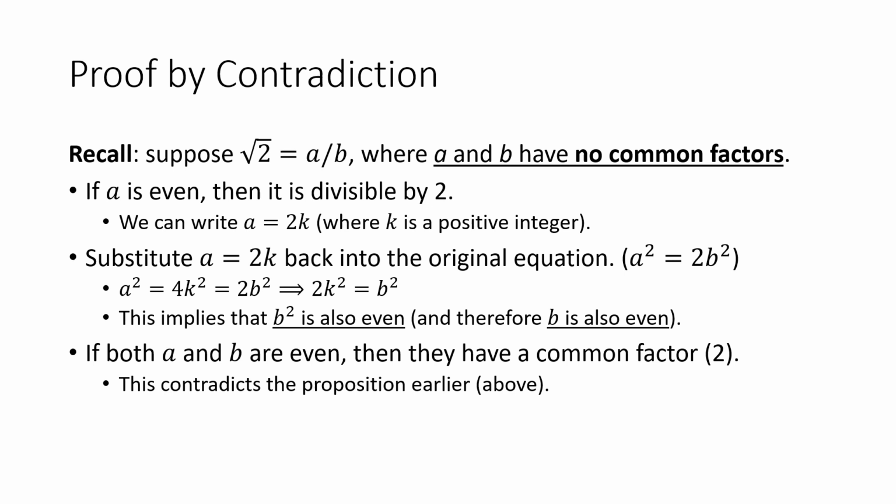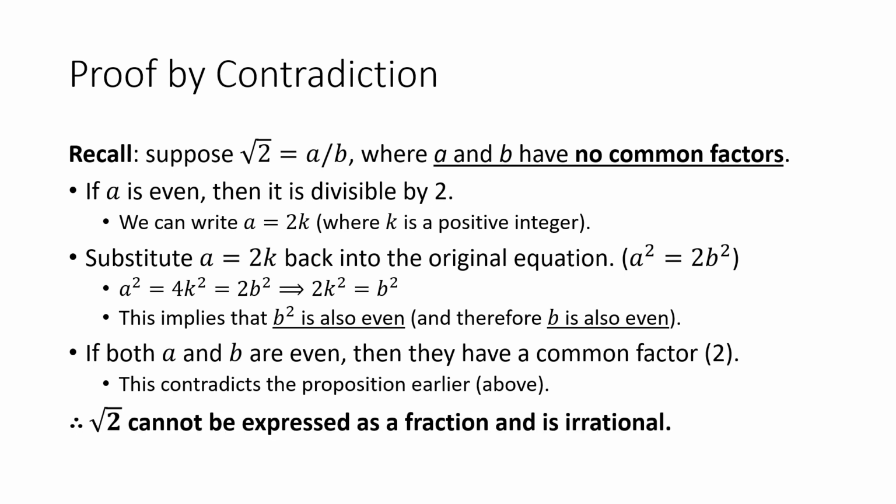But now we have deduced the opposite, which is logically impossible. A and b can't have no common factors, but at the same time have at least one common factor. So we have to conclude that the opposite of our initial statement is true. The square root of 2 cannot be expressed as a fraction of integers and is therefore irrational.